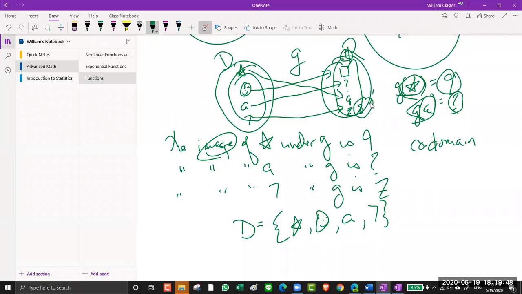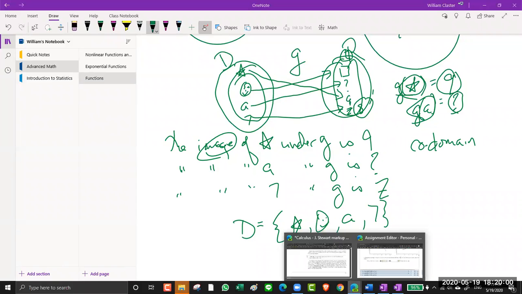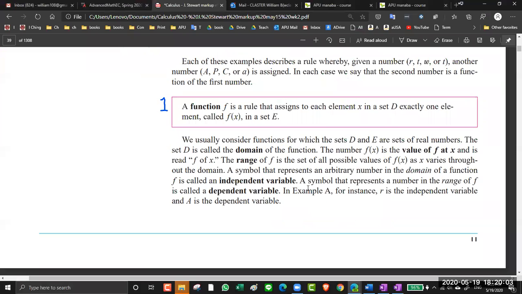The codomain could be bigger than the range, but the range is the set of things that actually get hit by elements from the domain. Is there any question about that? Okay, and then a symbol that represents a number in the range of f is called the dependent variable. And a symbol representing arbitrary elements in the domain is the independent variable.